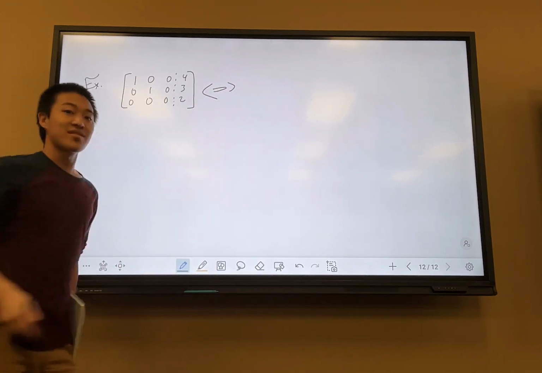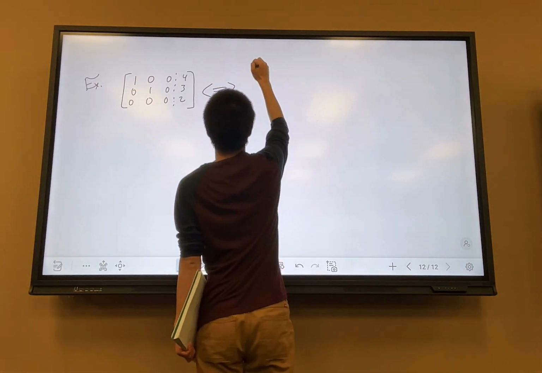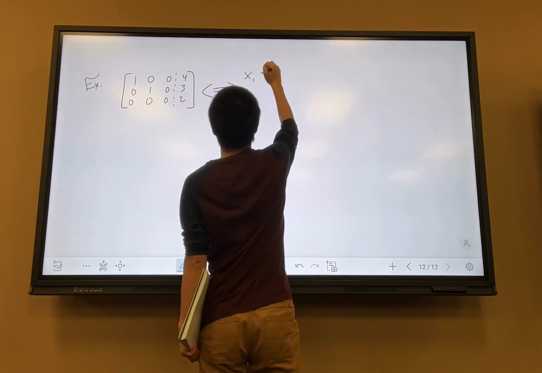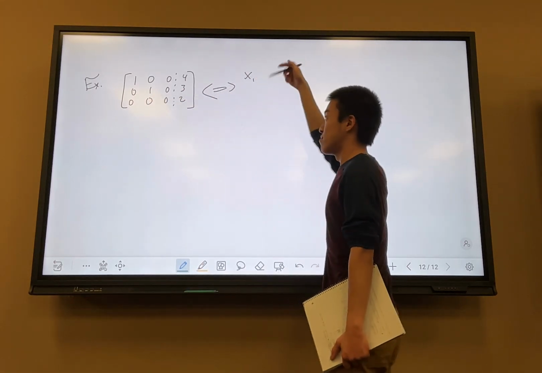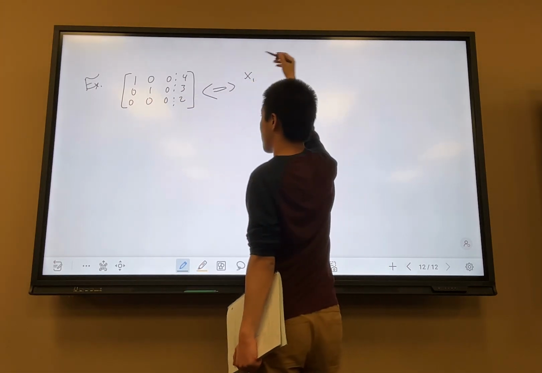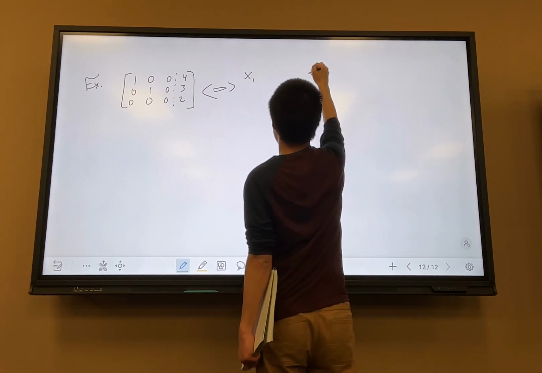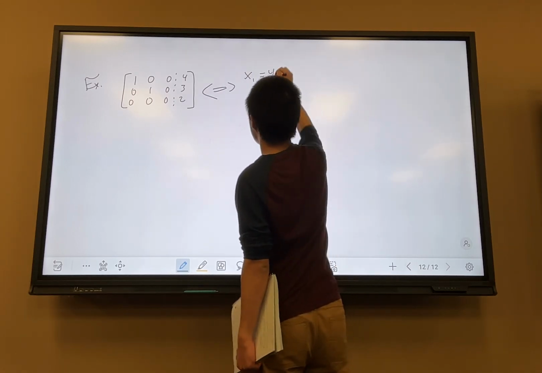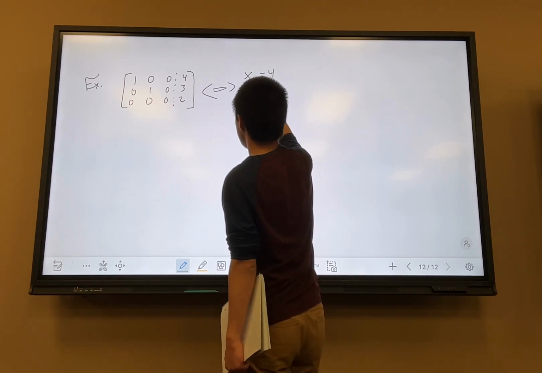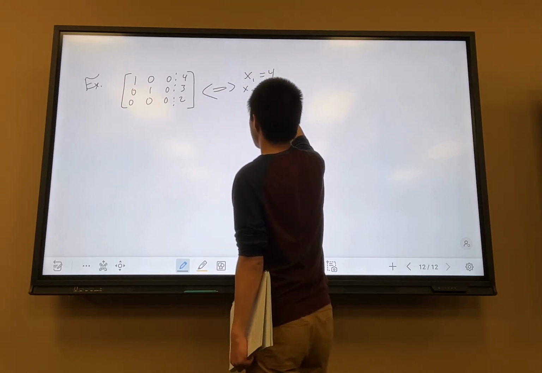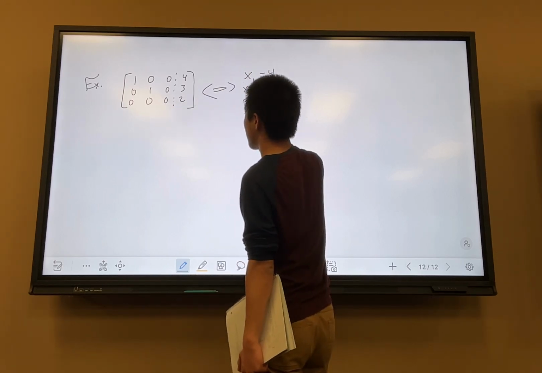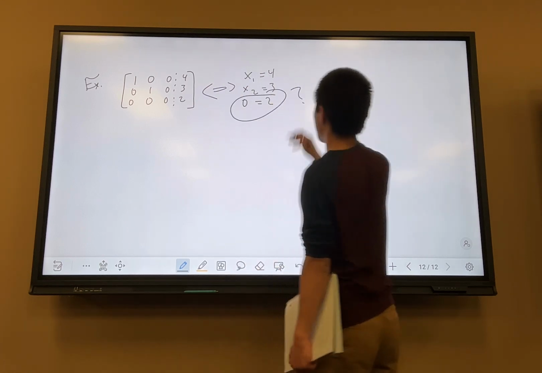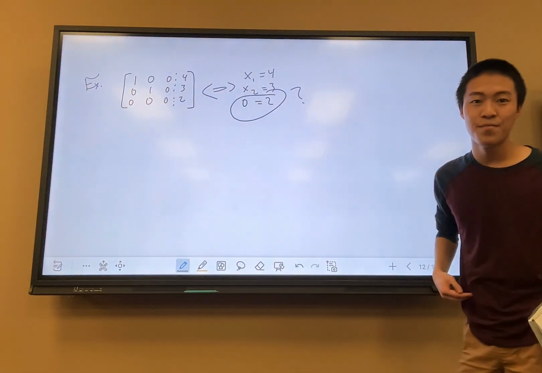If we rewrite this as a system of equations, I would get 1 times x1 plus 0 x2 plus 0 x3, so that is equal to 4. Then I would get x2 is equal to 3. And then I would get, lastly, 0 is equal to 2. Well, hold on. Really? There's no case.